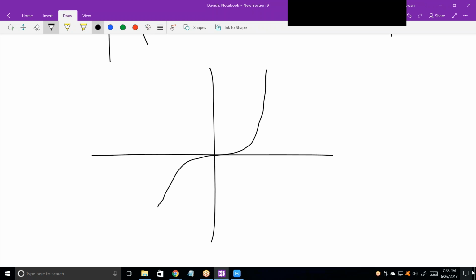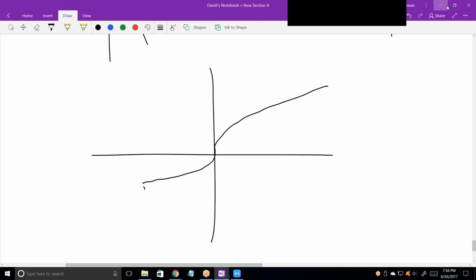Good. One more. Yay. Good. You got it figured out. What's a function and what isn't.